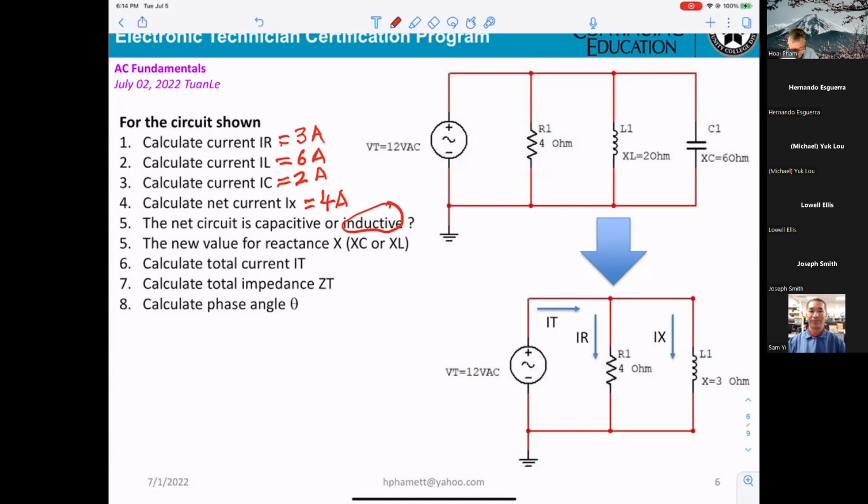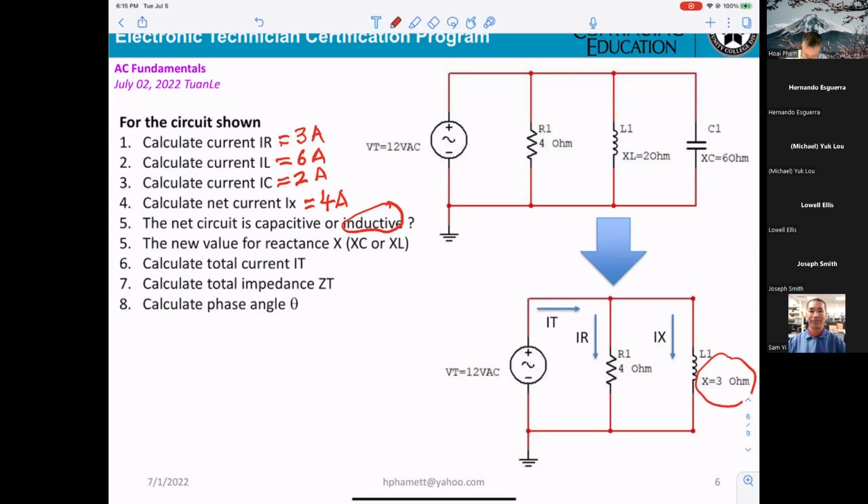How do we get the new value for the reactance? You know the answer will be here. However, how do we know? Net current for the inductor and capacitor is 4 amp. Yeah. So therefore voltage 12 divided by 4 is equal to, perfect.